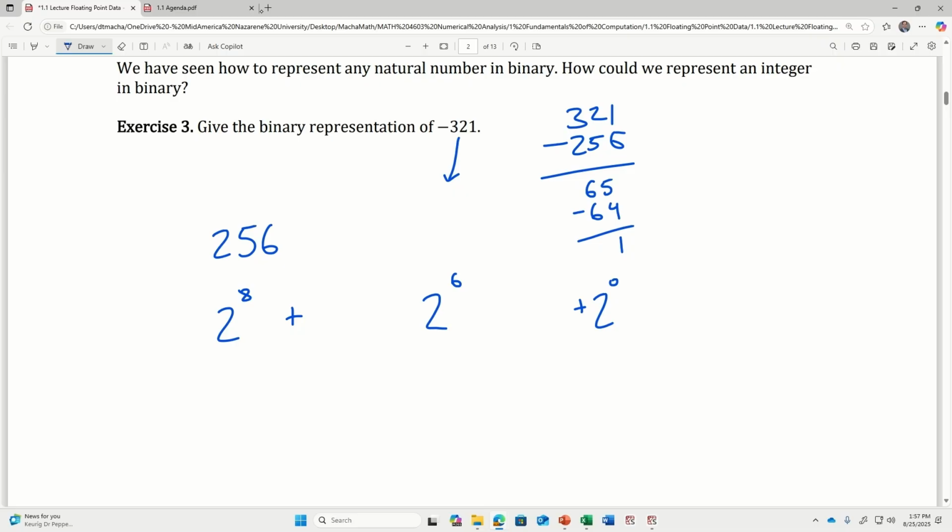Now I can write down this number in binary. There's 2 to the 0 power.